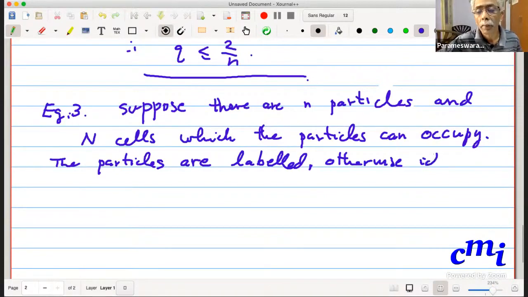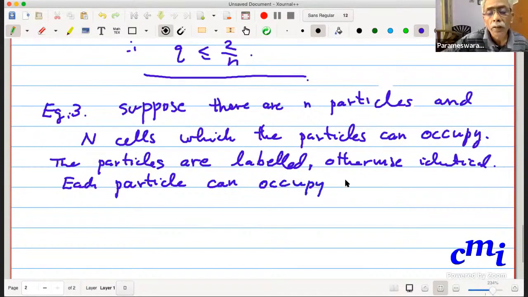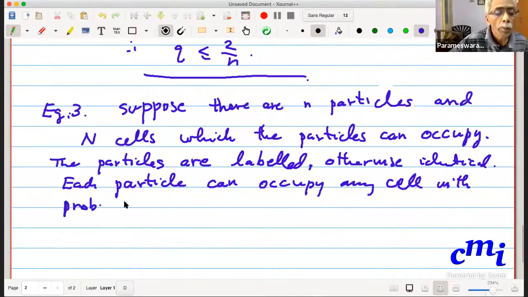Each particle can occupy any cell with probability 1 by N.